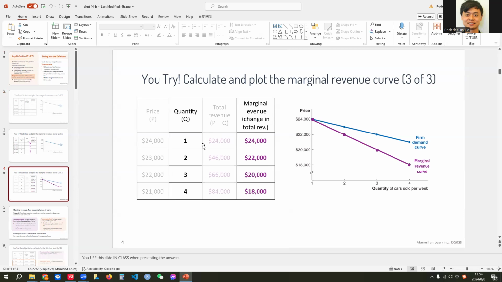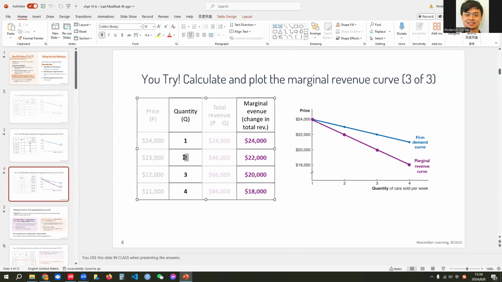Okay. How did we get that? When you produce the first unit, your total revenue is 24. After selling or producing the second unit, your total revenue increases to 46,000. Calculating the marginal revenue is actually a before and after, right?